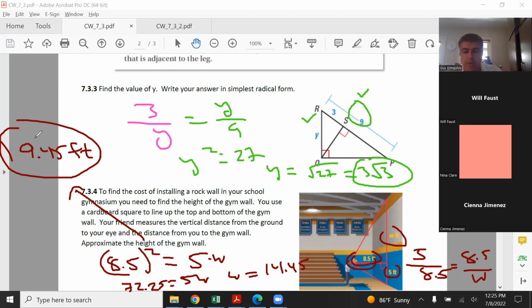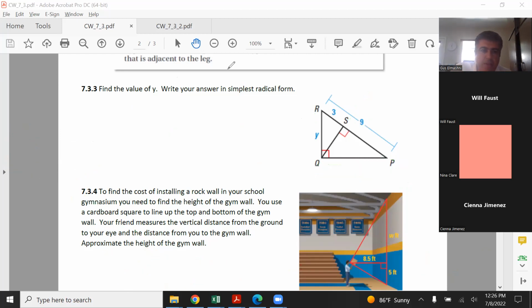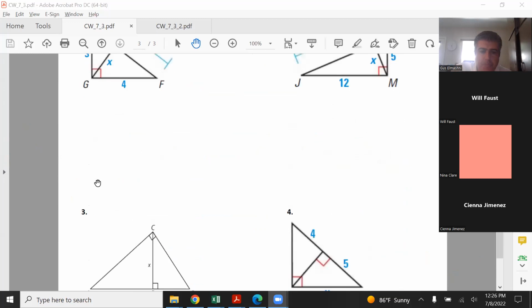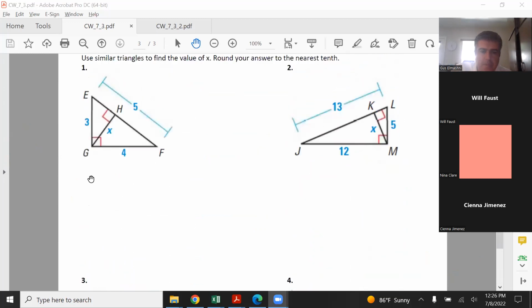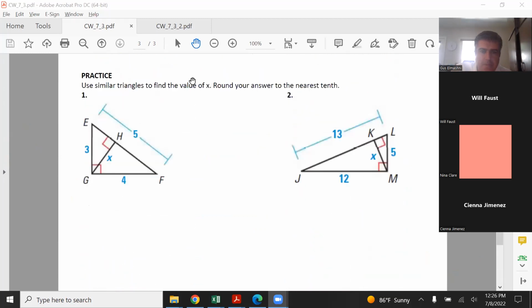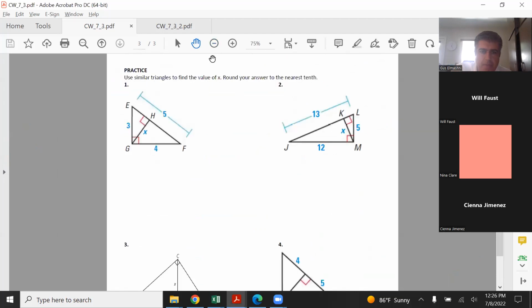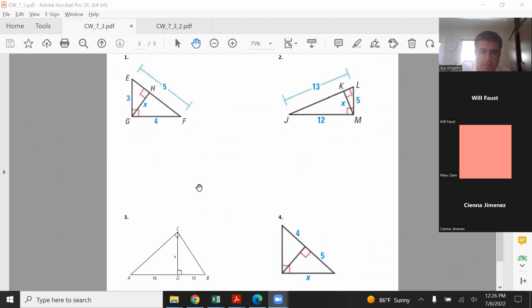Any questions before we do some practice? Okay. So I'll have you guys try some problems. Let me zoom out just a tad. So your goal is to solve for x.